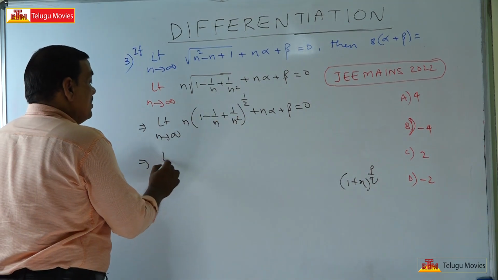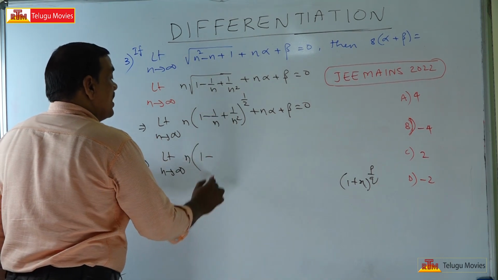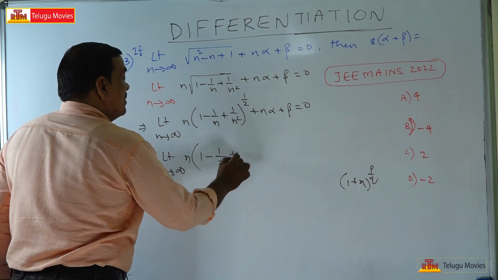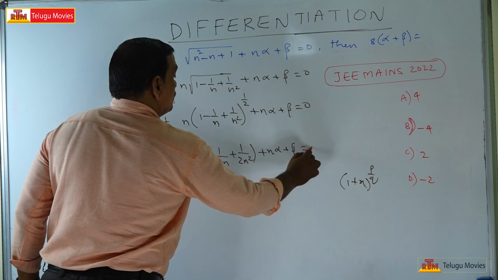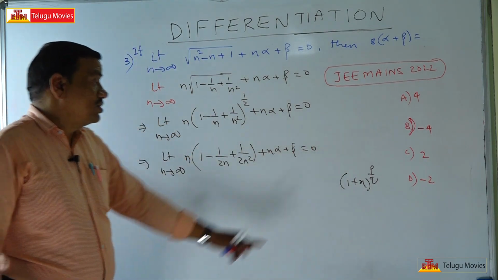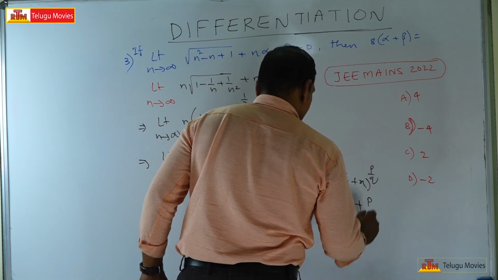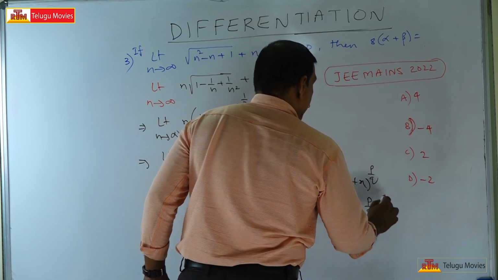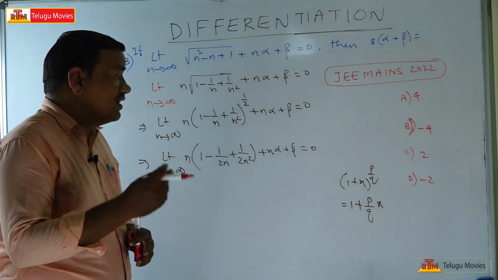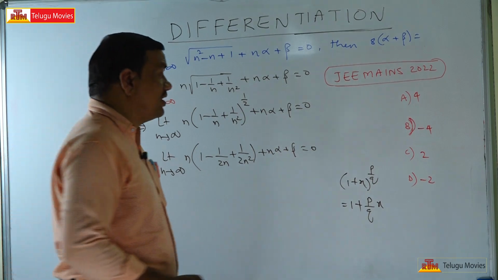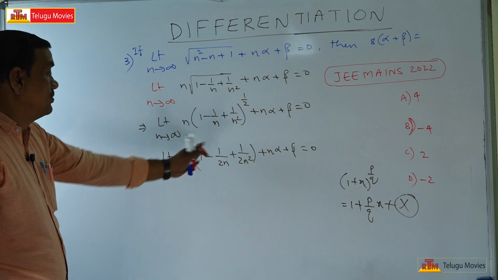So here we get the limit as n tends to infinity of n into (1 minus 1 by 2n plus 1 by 2n square) plus n alpha plus beta is equal to 0. Understand this? The first term is 1 plus p by q into x, the next term is p into (p minus 1) by q square, and it goes on like that. The remaining terms I will avoid, so only two terms I wrote.